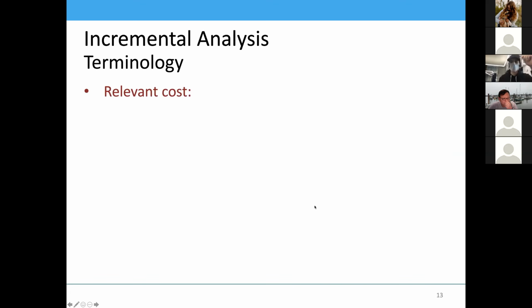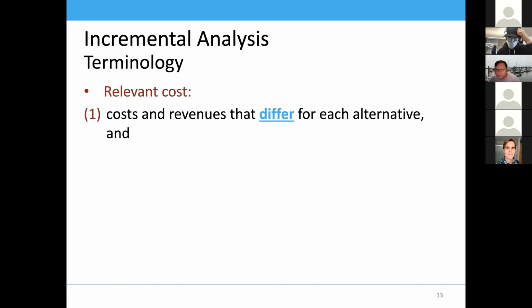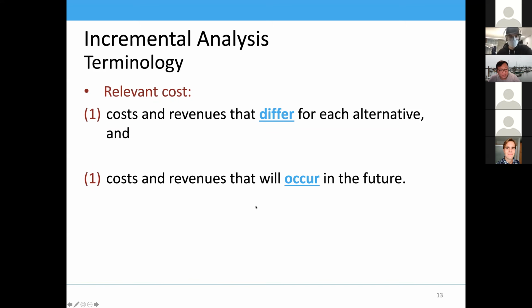Terminologies, what is called relevant cost? Okay, what are the relevant costs? First of all, the cost and the revenues have to differ for each alternative, okay? It has to be different, okay? Second, it will occur, right? If it doesn't occur, then it's irrelevant, right?